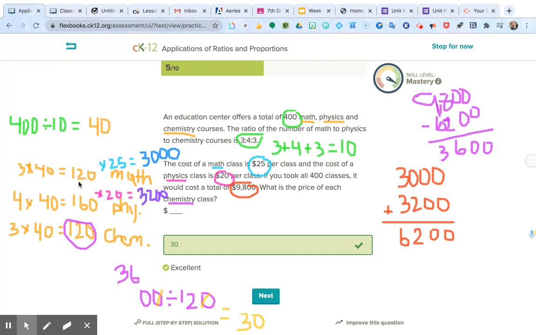I can double check this by adding them together and seeing that it equals 400. Once I knew the number of classes, I was able to multiply the cost of the classes to find the leftover amount of money so that I could divide by the number of chemistry classes to get the cost per class. So it is kind of multiple steps, but this is more of the difficult problem.